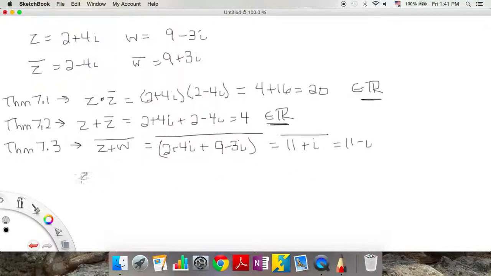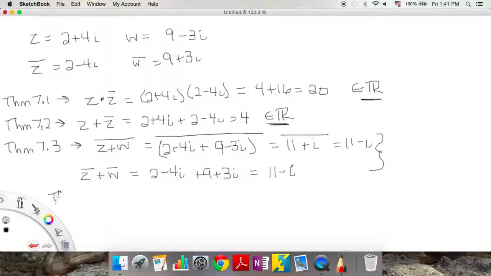If you compare that to when you took the conjugate first and then added, so we have 2 minus 4i plus 9 plus 3i, you see that they're the same thing. So whether you add and then take the conjugate, or take the conjugate and then add, either way you end up with the same thing.